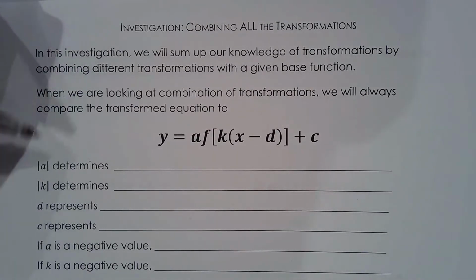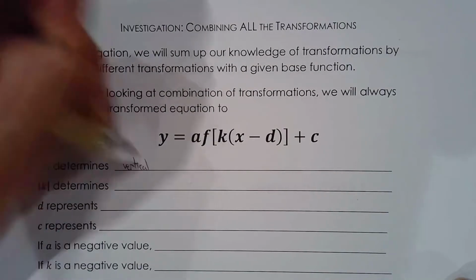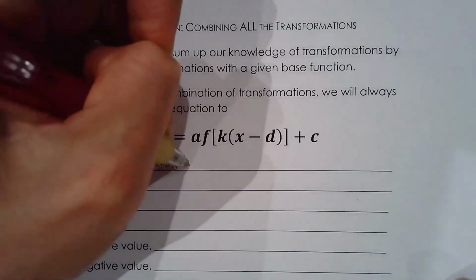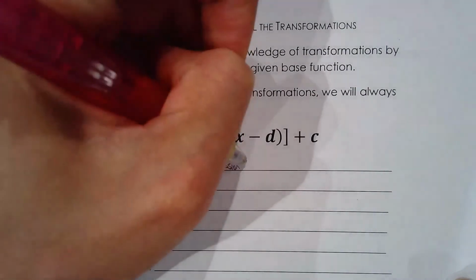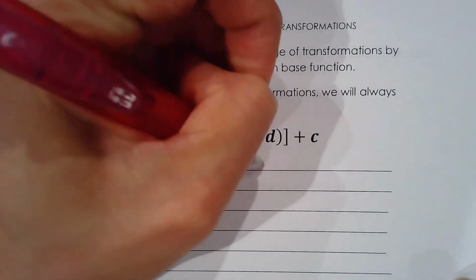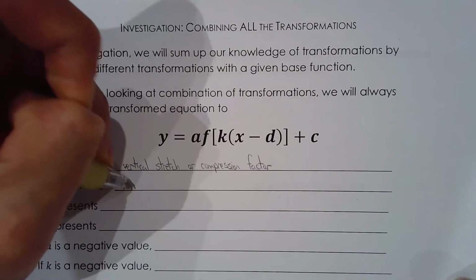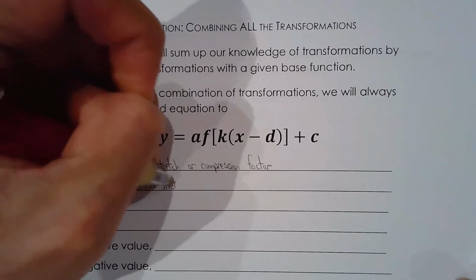So the magnitude of A determines the vertical stretch or compression factor. The magnitude of K determines the horizontal stretch or compression factor.